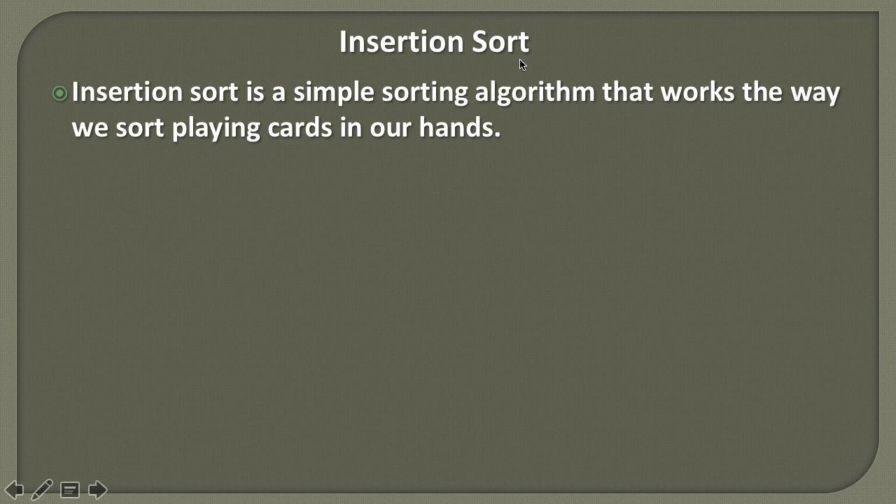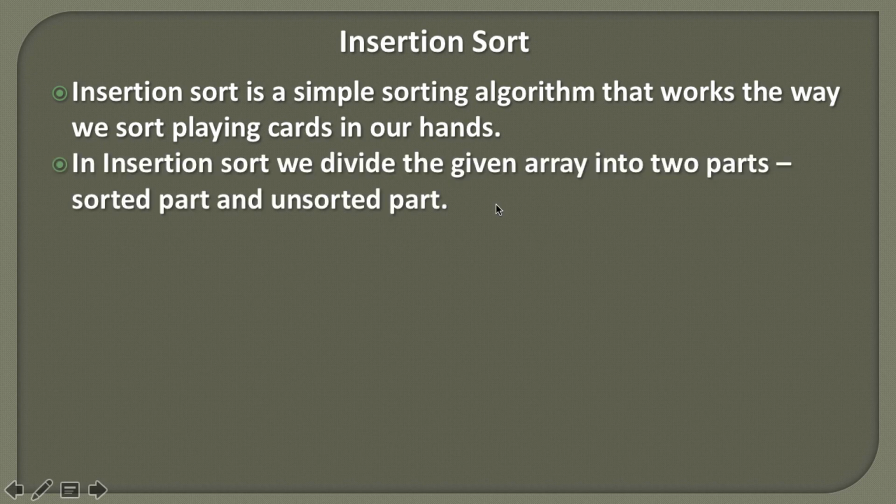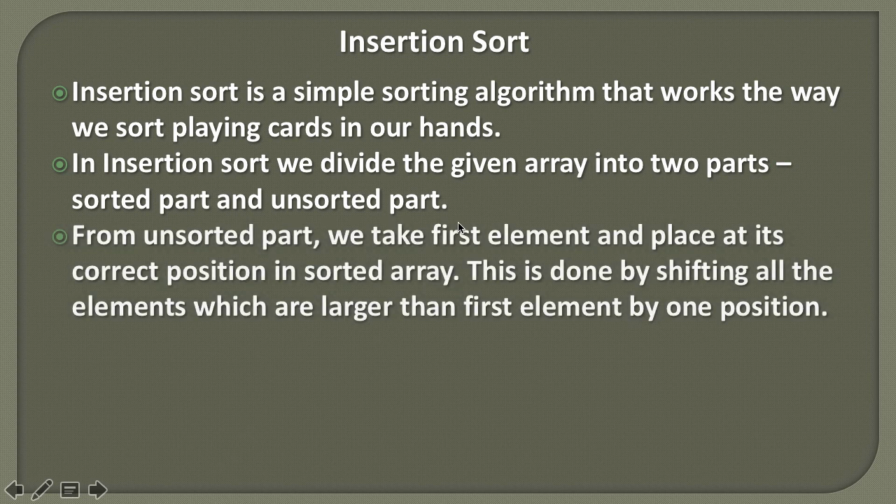So similarly, let's say we have this unsorted array. Using the insertion sort algorithm, we divide the given array into two parts: one is the sorted part and the other is the unsorted part. How the algorithm works is, from the unsorted part, we take the first element and place it at its correct position in the sorted array.